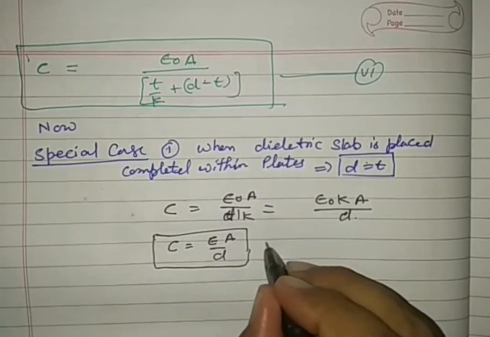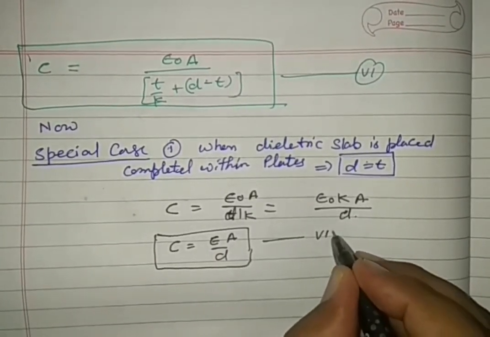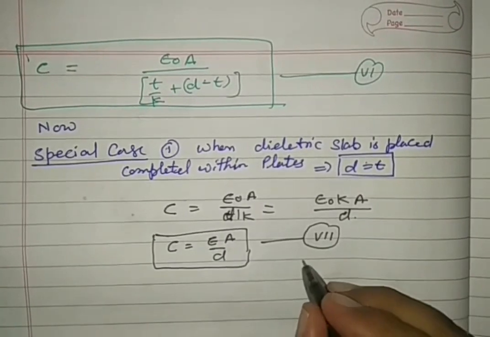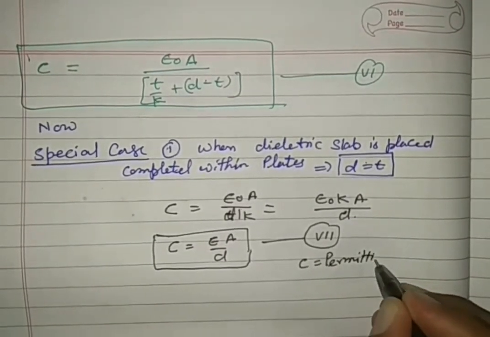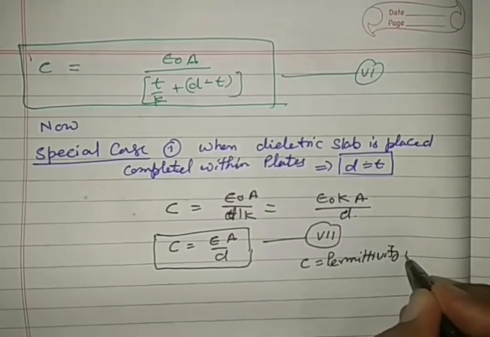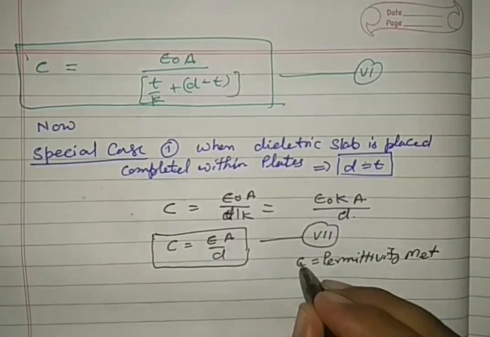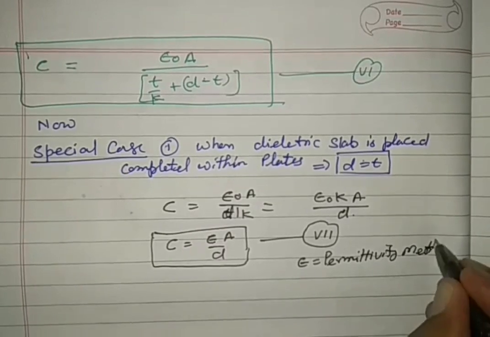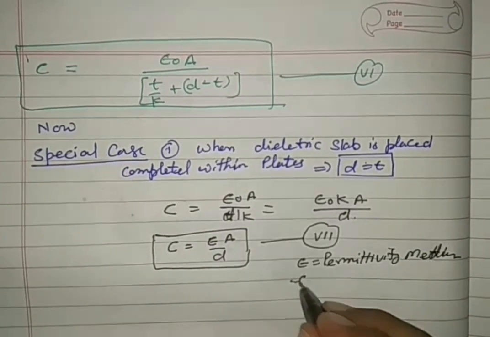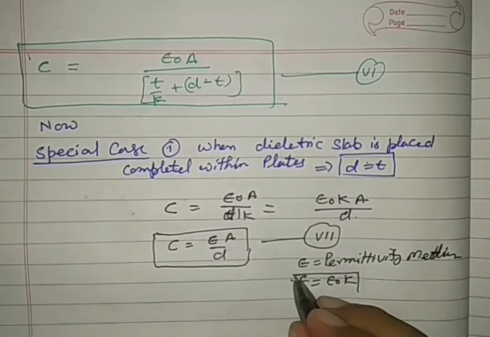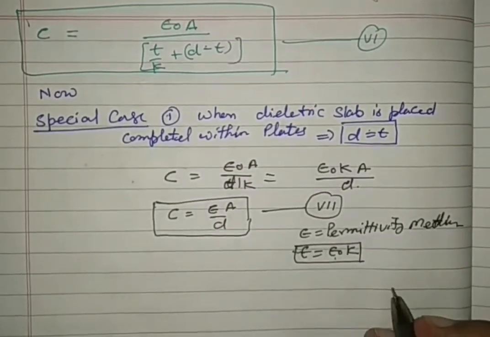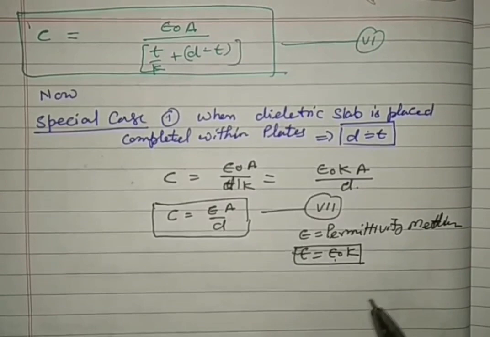where this is equation 7, where epsilon is the permittivity of medium, and this is equal to epsilon 0 into K, where K is the dielectric constant and epsilon 0 is the permittivity of free space.